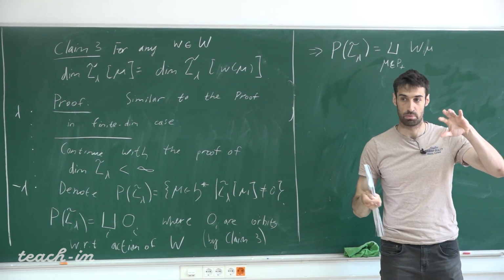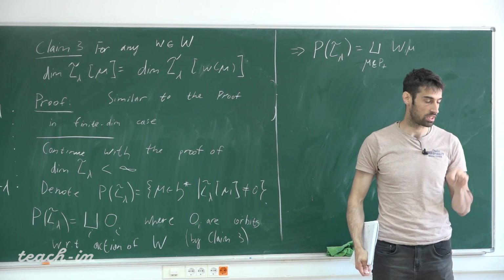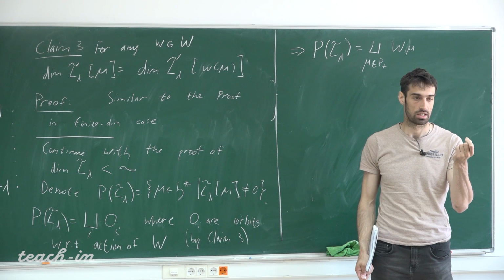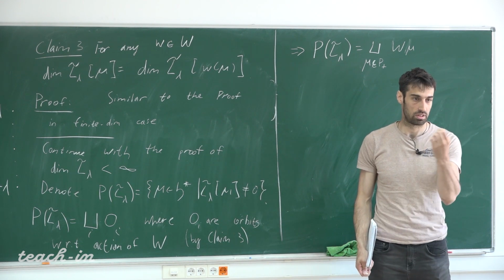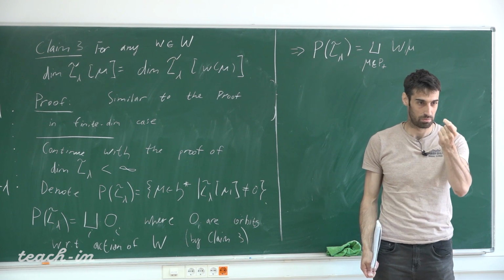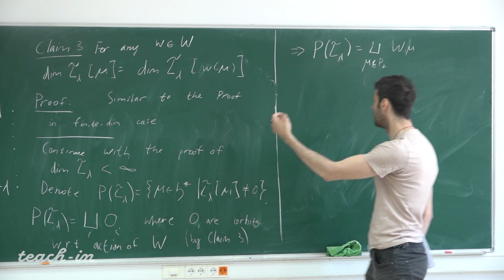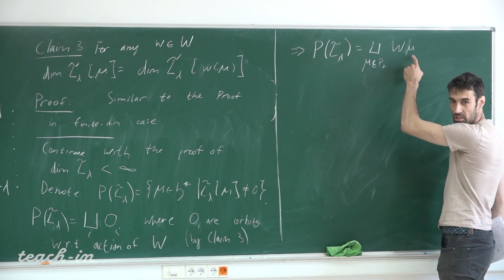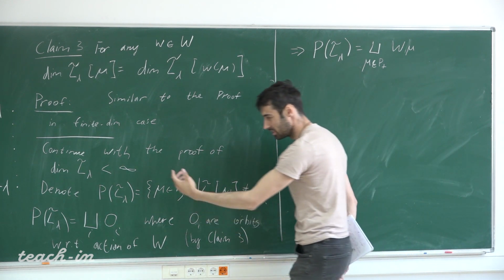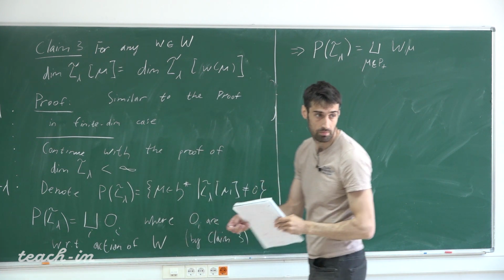This is just because each orbit of the Weyl group has exactly one representative in P plus. So I take O_i, choose this representative, call it mu, and form everything by action of the Weyl group. Then choose another orbit, do the same, and this is the decomposition. Okay?